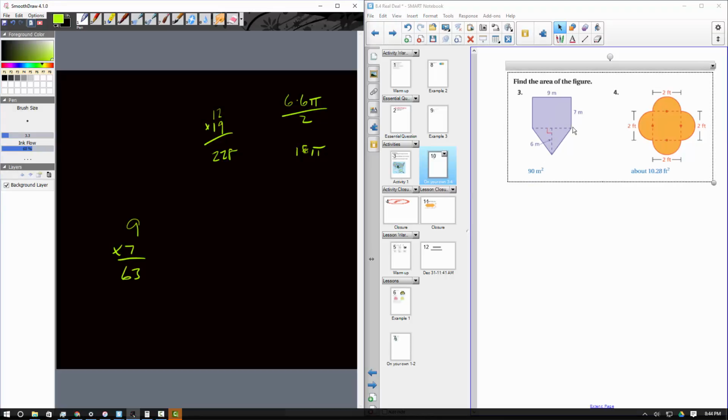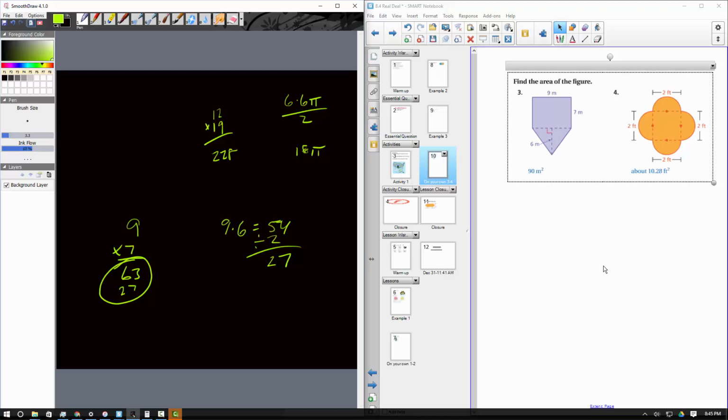And then this one here would be 9 times 6, and then divided by 2, which would be 27. And when I add those two up, I will get my 90 altogether.